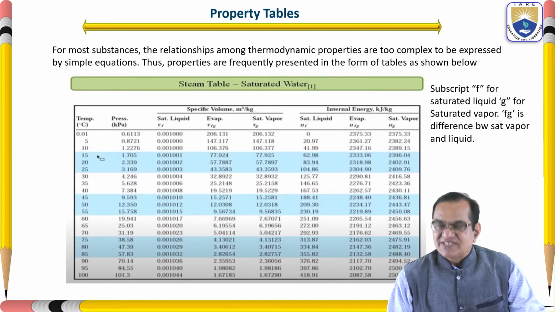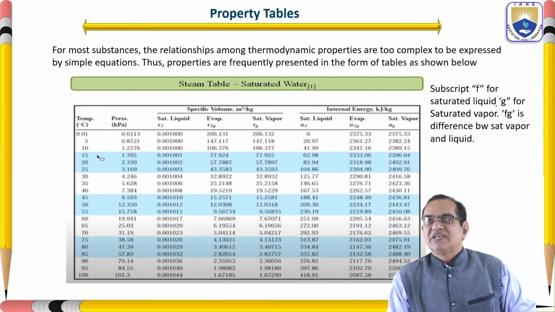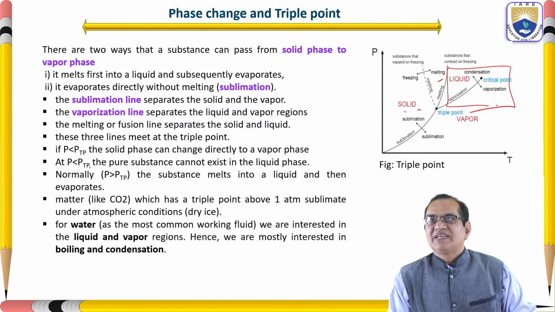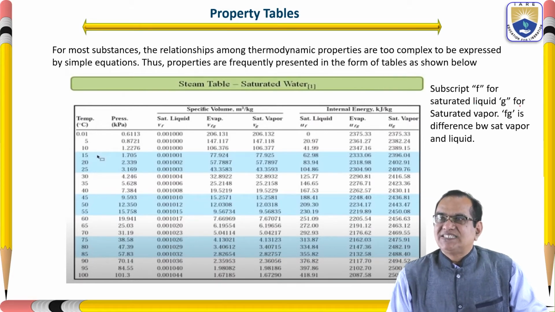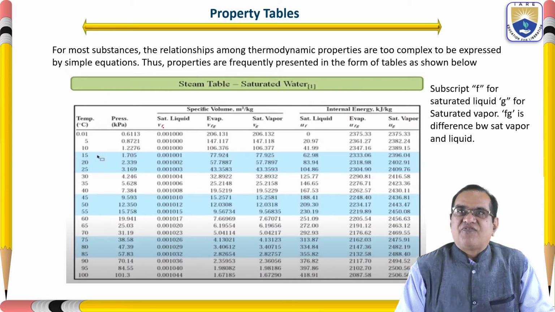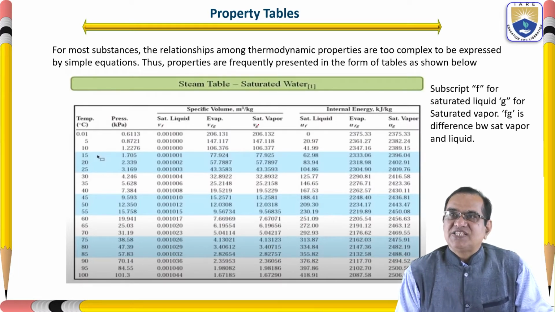So here, you see subscript f for saturated liquid, g for saturated vapor. fg is the difference between saturated vapor and saturated liquid. Vf is the specific volume for a saturated liquid, and Vg is the specific volume for saturated vapor.